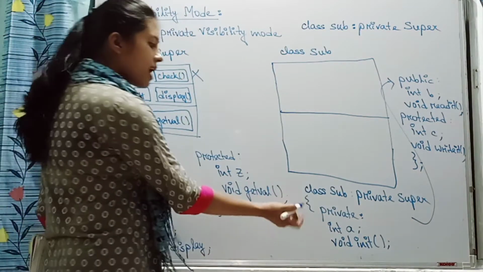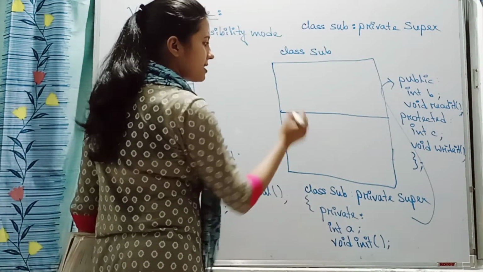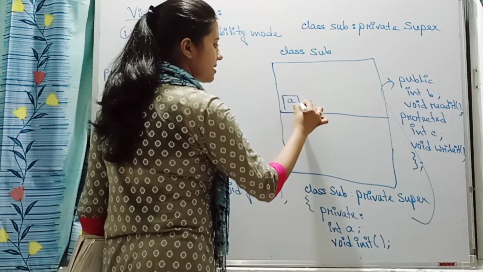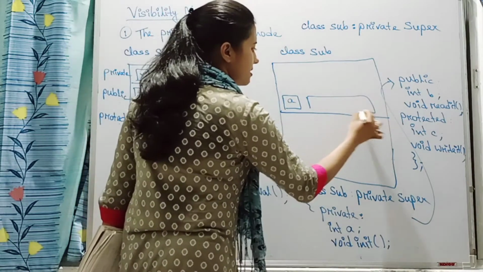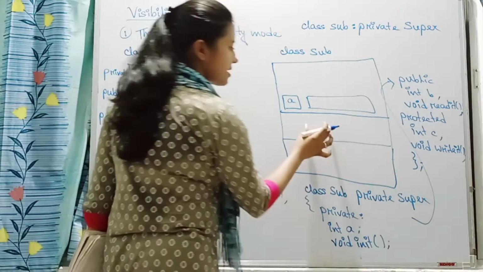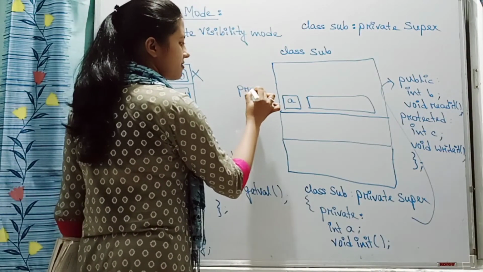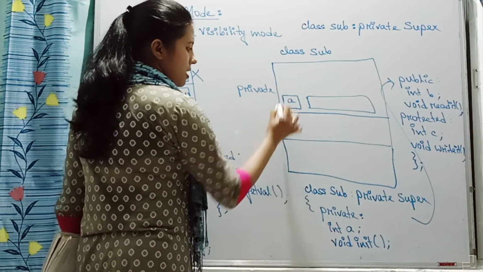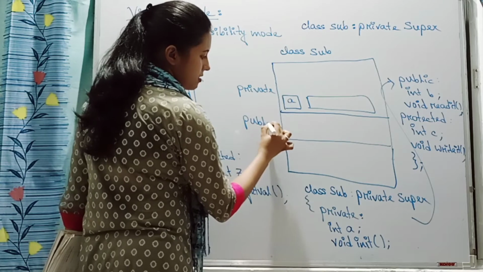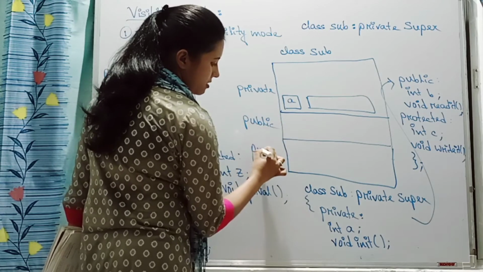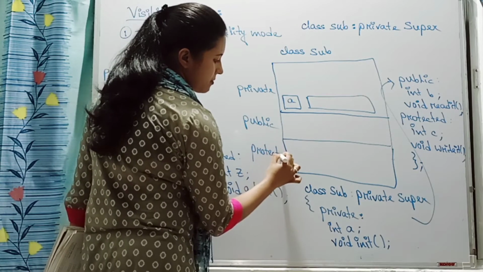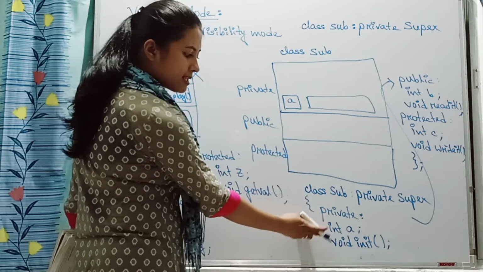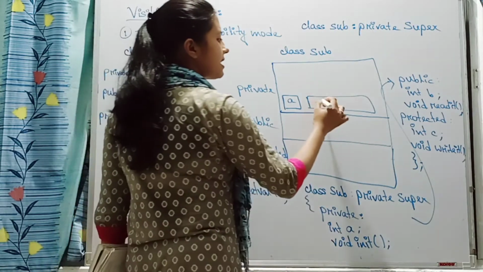Now you see the subclass members are these. We are writing like this: this is the private section, this is the public, this is the protected. Under the private section A and init are defined.